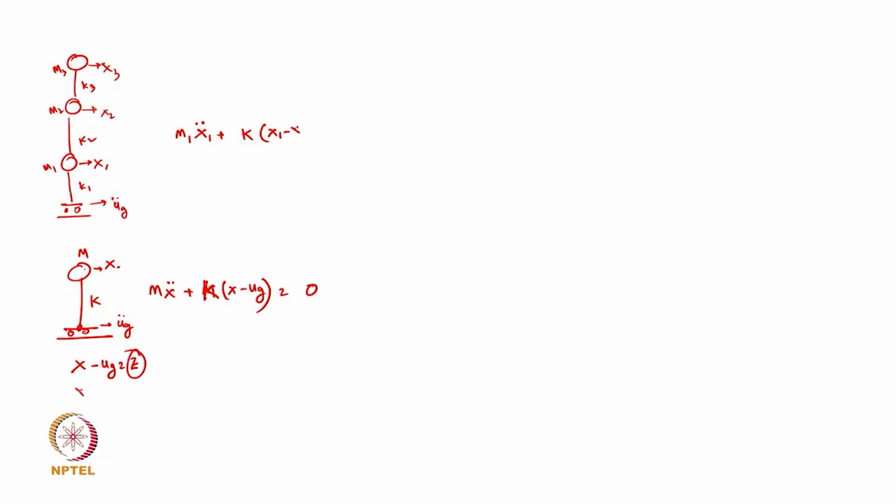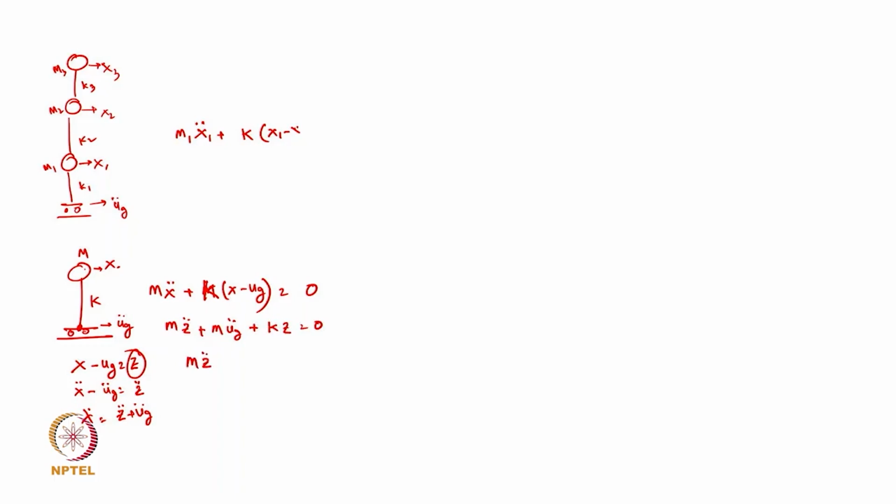So if I do x double dot minus ug double dot, that will be z double dot. If I substitute x double dot equal to z double dot plus ug double dot, I will get m z double dot plus m ug double dot plus k into z equal to 0.